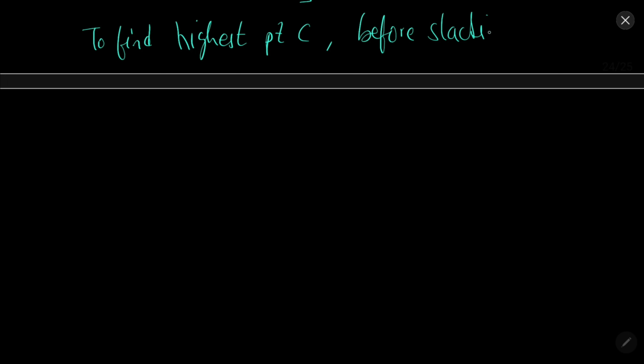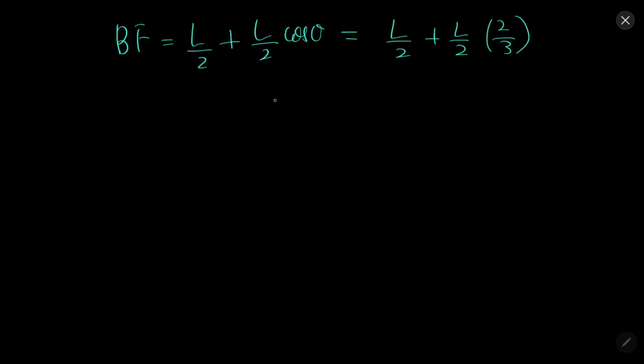Now to find the highest position C before the string goes slack, it will be BF equal to L by 2 plus L by 2 cos alpha. It will give us L by 2 plus L by 2 into 2 by 3. So BF will be 5L by 6.